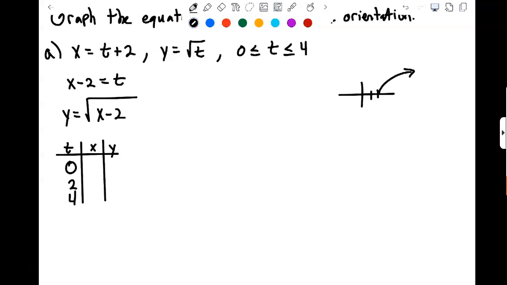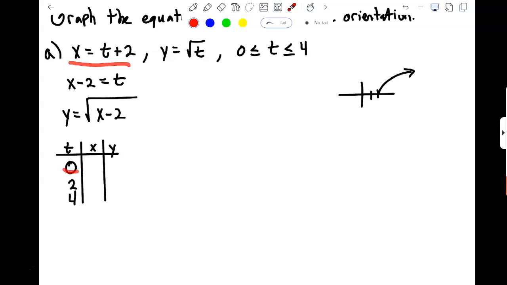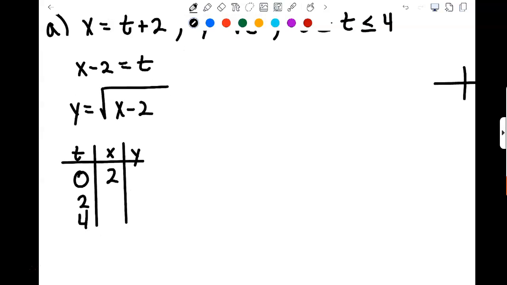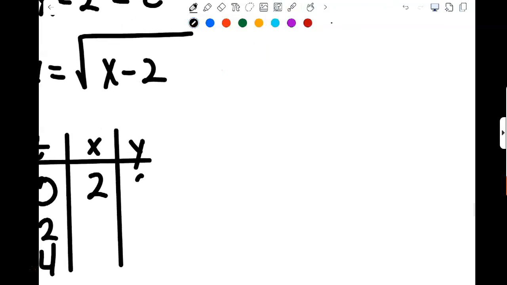Okay, and so we go into the original equations now. We're still going to compute a few points, but now we can be computing our points intelligently, knowing the shape that's going to underlie this. So if I plug 0 in for x, that would be 2. If I plug 0 in for y, that would be the square root of 0, which is 0.